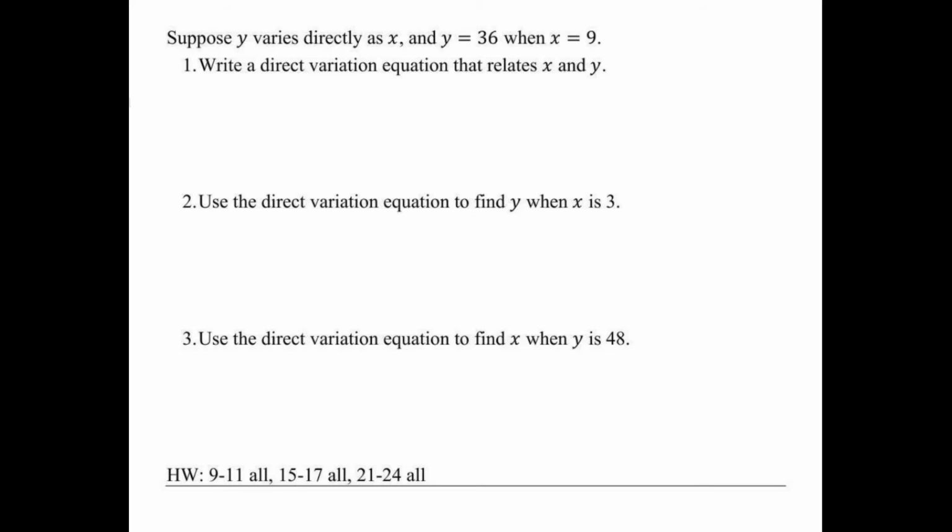Suppose y varies directly as x and y is 36 when x is 9. First thing they want you to do is write a direct variation equation that relates x and y. So what do we do? We got to remember y equals kx first, and then you plug in your stuff. 36 equals k times 9.